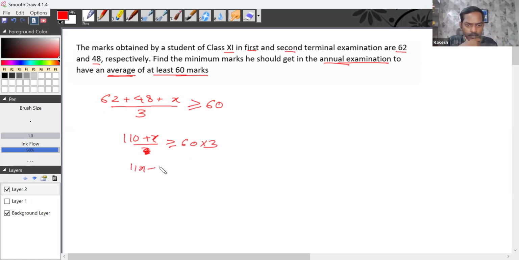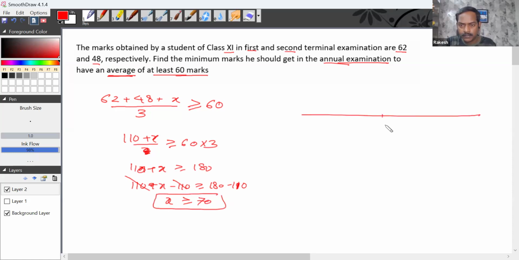So 110 + x is greater than or equal to 180. We want only x, so I want to get rid of 110. We should subtract 110 from both sides. On subtraction there will be no change in the sign. This will get cancelled and I get x greater than or equal to 70.